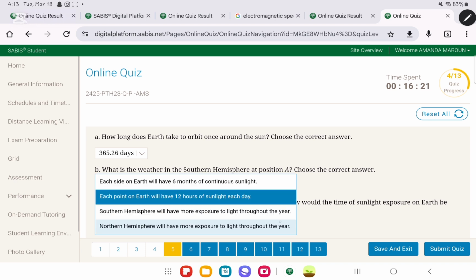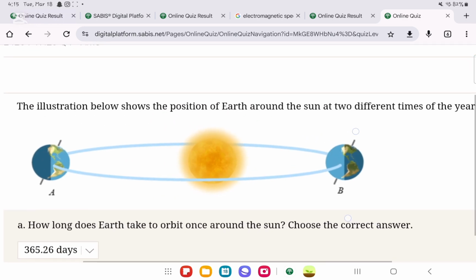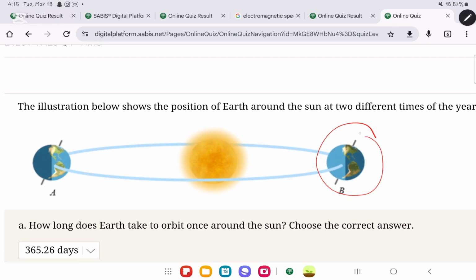of sunlight each day. Now, if we move on to part D, it says, what is most probably the month at position B? As you can see over here in position B, the Earth is very close to the Sun.